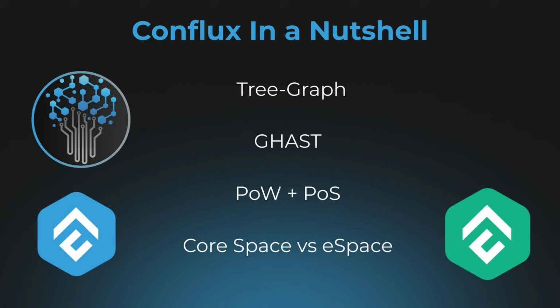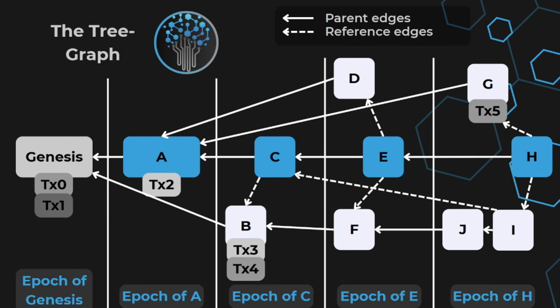The other difference is that it has a hybrid consensus mechanism, which includes both proof of work and proof of stake. And finally, there is the different spaces feature. Originally it had only Core Space, but after some time there is also eSpace, which is 100% compatible with the Ethereum Virtual Machine. So let's go into these four elements in a little bit more depth.